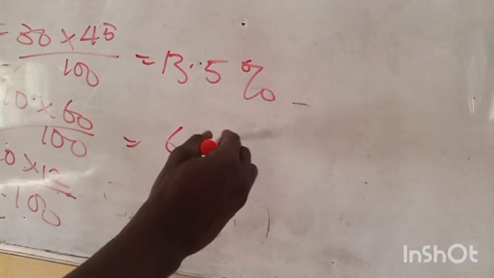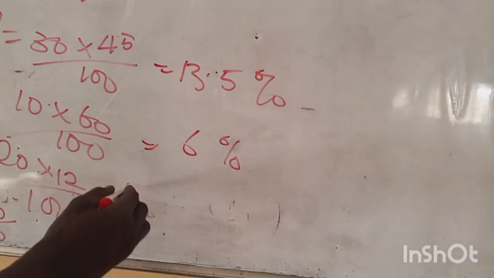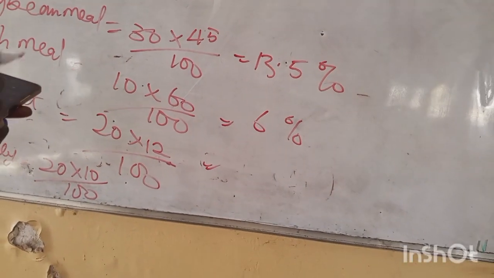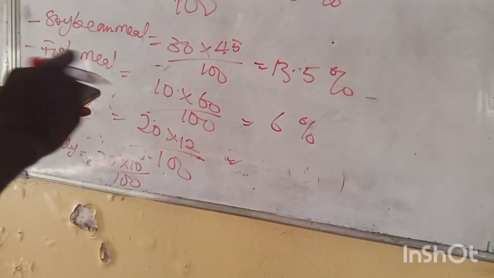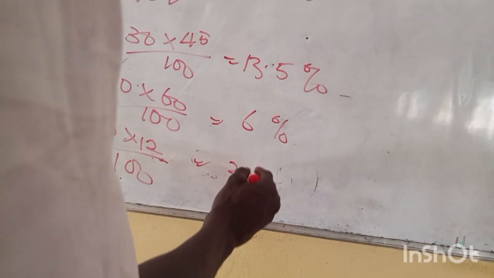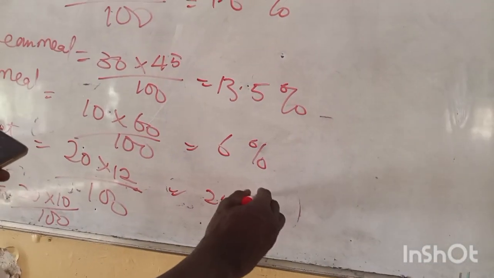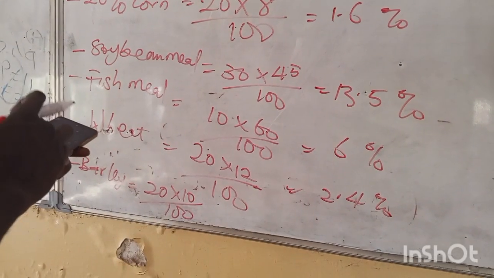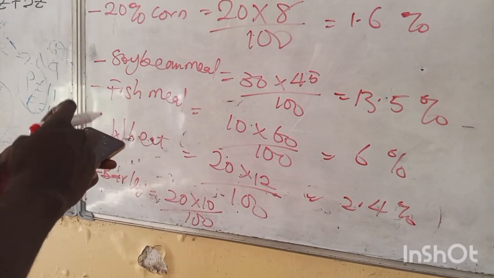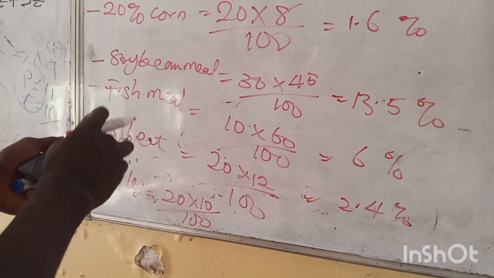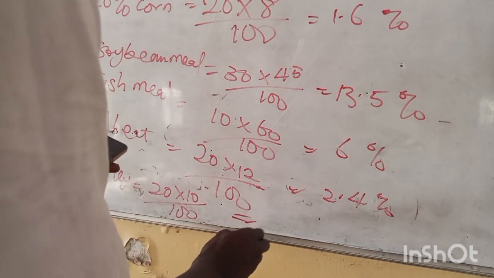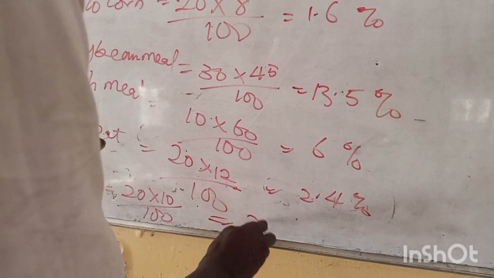Remember, all in percent. Come down to this: 20 times 12 divided by 100 will give us 2.4%. Then finally, 20 times 10 divided by 100, which is equal to 2%.